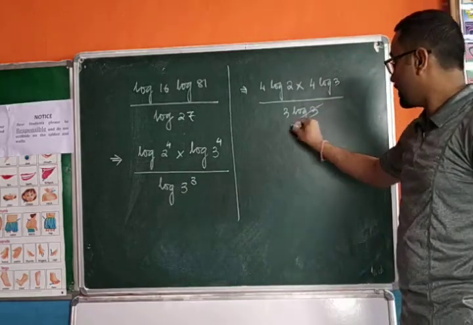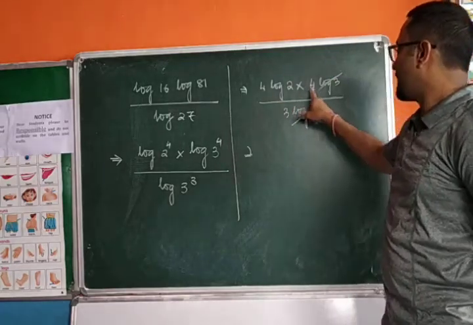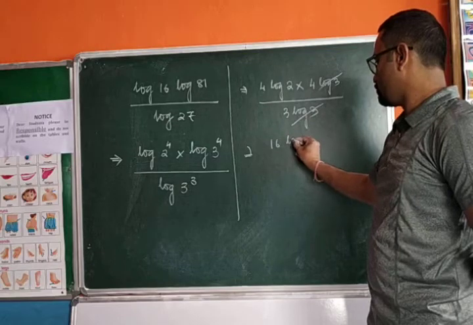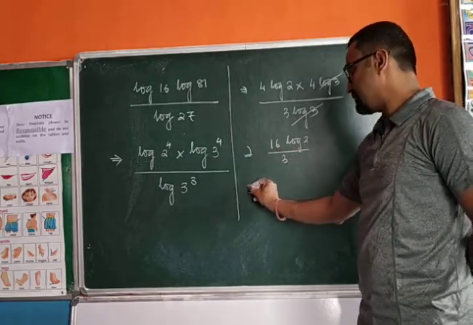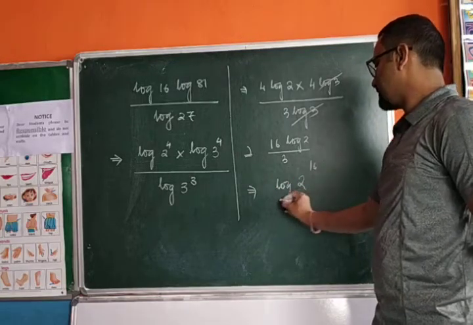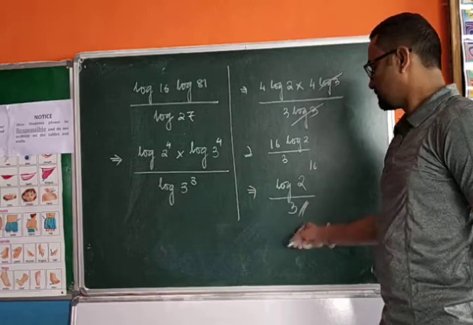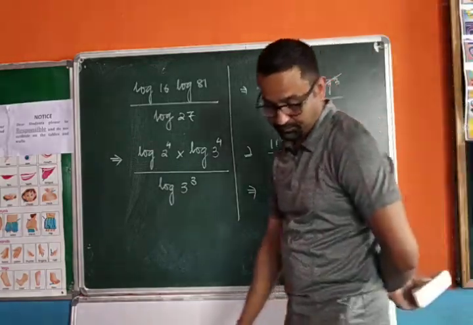Now log 3 and log 3 cancel. 4 multiplied by 4 is 16 log 2 divided by 3. Or you can simplify this and write log 2 to the power of 16 divided by 3. Or you can leave it in this form, or you can simplify this.